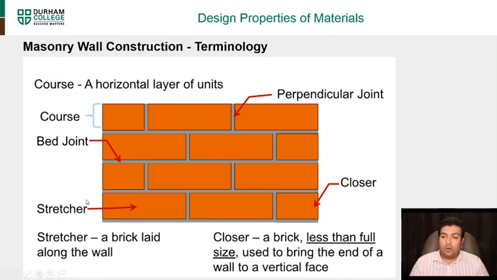So you can see here one piece of brick is called a stretcher, and a half piece or a portion of a piece that's used at the end is called a closer. So it's a brick which is less than full size, but it could be half or 3/4 depending on what's required. It's used to bring the end of the wall to a vertical face. So this is very important and common terminology that you will see being used in masonry wall construction.